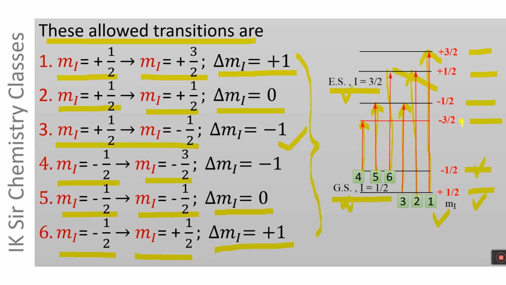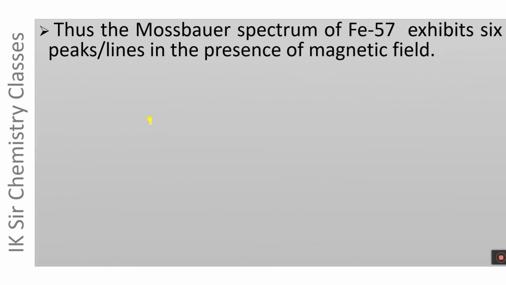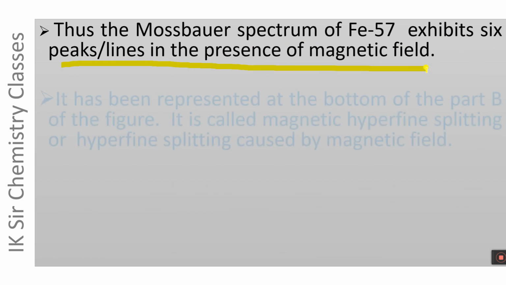The energies of these levels increase in the order. Thus, the Mössbauer spectrum of Fe-57 exhibits 6 peaks or 6 lines in the presence of a magnetic field.